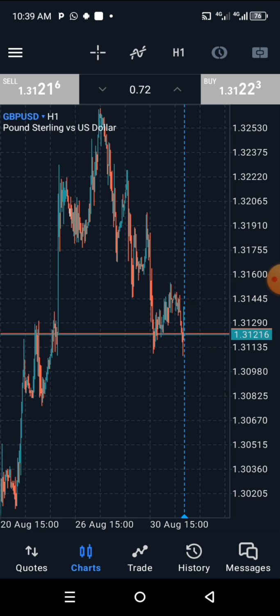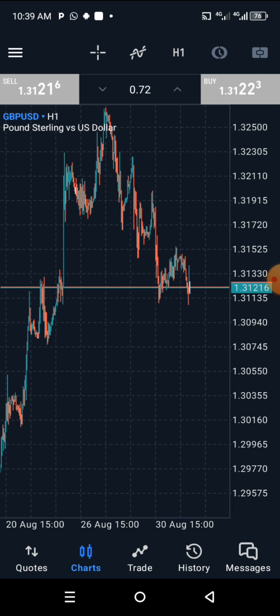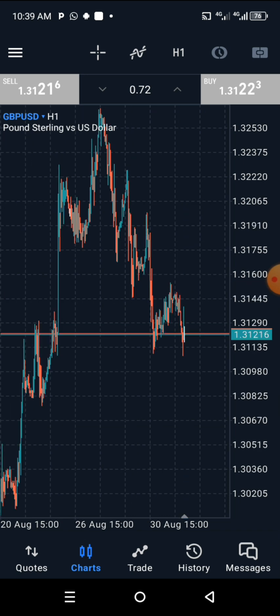If you don't understand, ask me questions in the comment section. So now let's go over to buy limit and sell limit. When we're using the buy limit, for instance, you are buying hoping that the price is going to come down to a certain level, then it will trigger the buy limit order that you placed there.